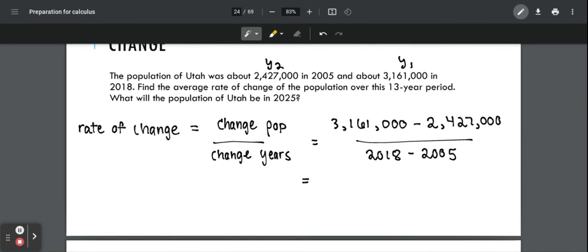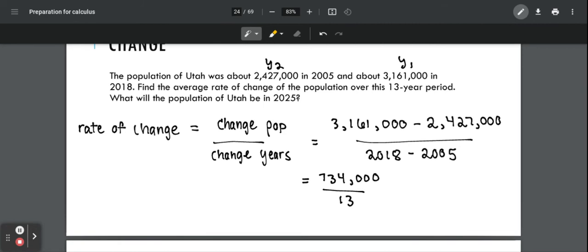And so if we calculate that, we get 734,000 people. 2018 minus 2005 is 13. So it's changing by 734,000 every 13 years.